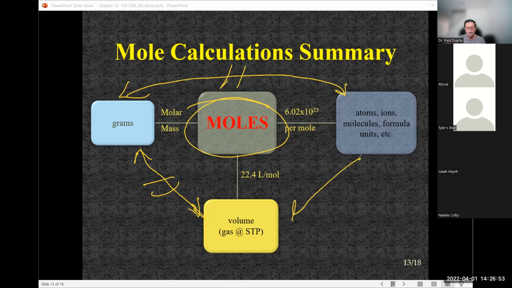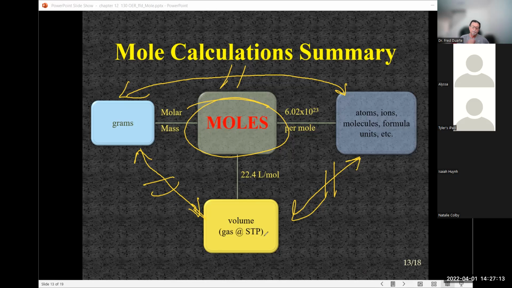The same is true about atoms to volume. Moles is the common factor that connects everybody. It's the universal factor that connects bananas and oranges.